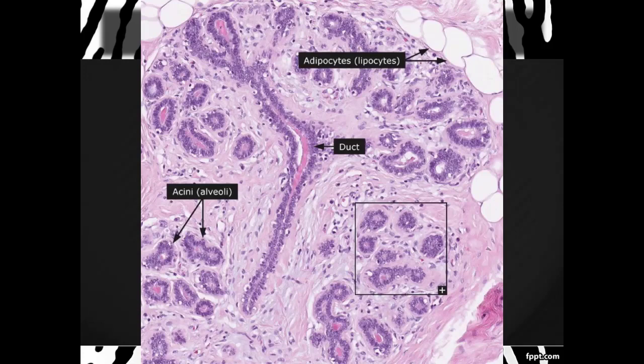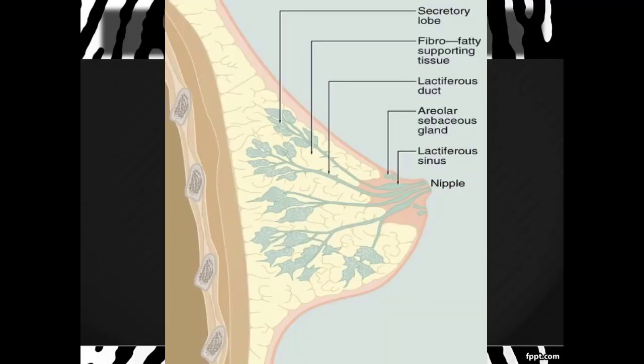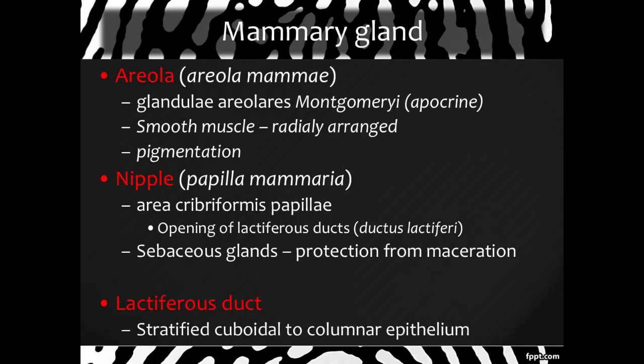So normally you cannot see any alveoli secreting the milk during the normal adult life, except pregnancy. During pregnancy, the secretory units start to grow and produce a secretion called milk. Milk is emptied into the nipple by lactiferous ducts.